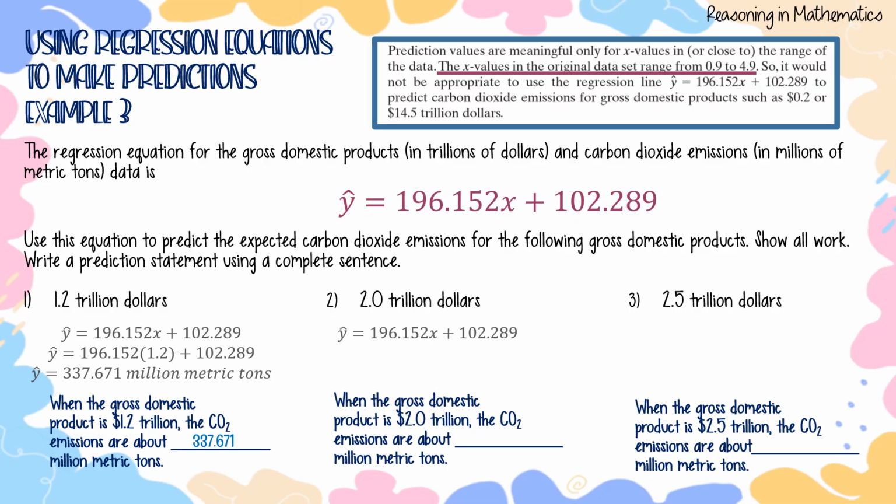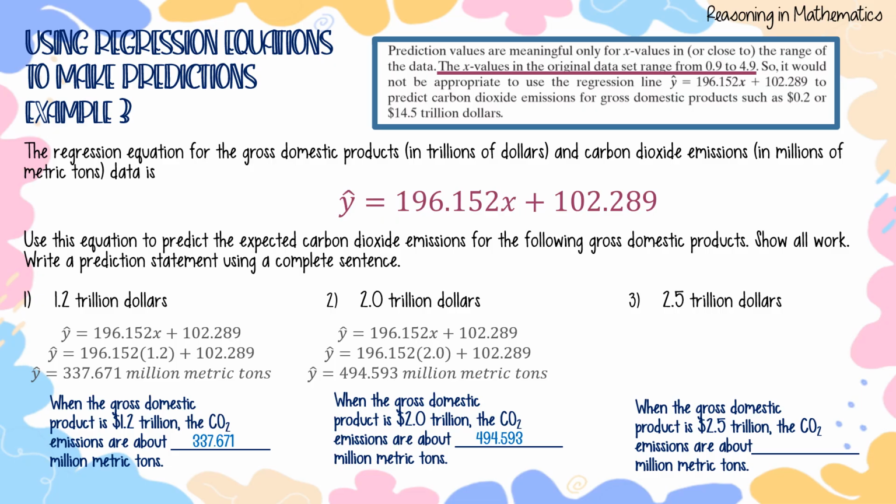Next time, we're using the same linear regression equation, but we're plugging in the $2.0 trillion. And trillion dollars, we're not adding all those zeros on because the formula is based on trillions of dollars. So we're just putting in place of X the 2.0 and then calculate. We get about 494.593 million metric tons and fill in your answer in the blank.